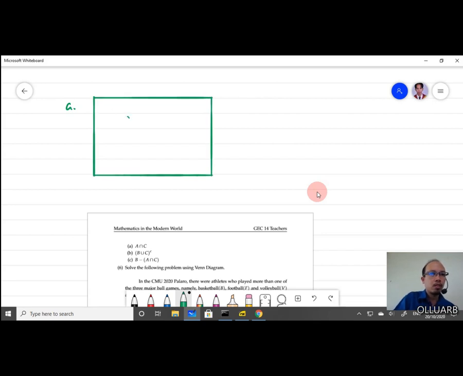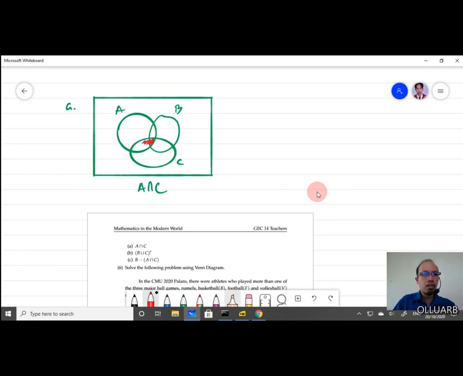Make a circle, and sets A, B, and C. So you have to get the intersection of A and C. So the answer is A intersection C is this one.